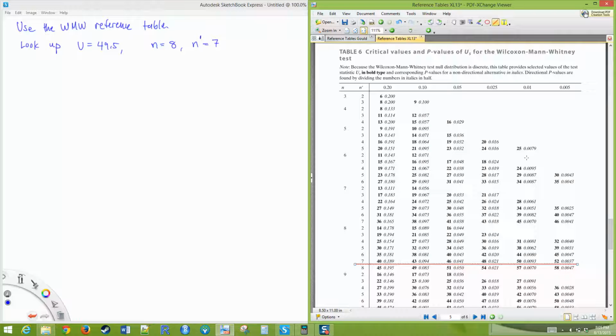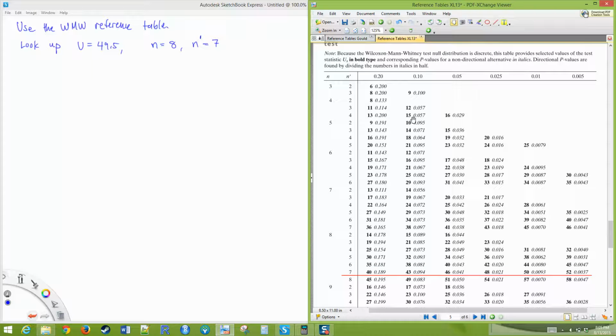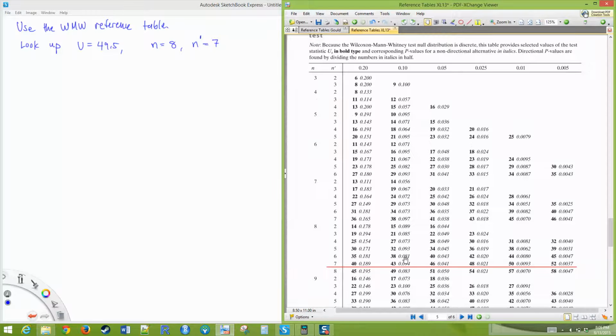Is that okay? Okay, and so with our reference table, I look up 49.5. If my value was 50, then I would know that my p-value, or tail area, would be equal to 0.0093.